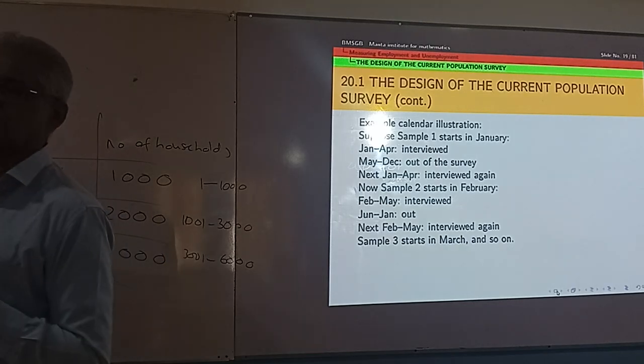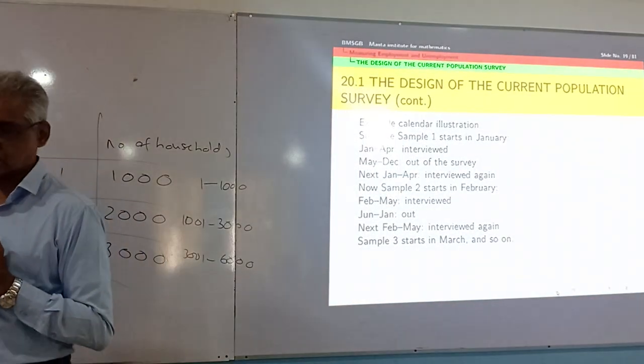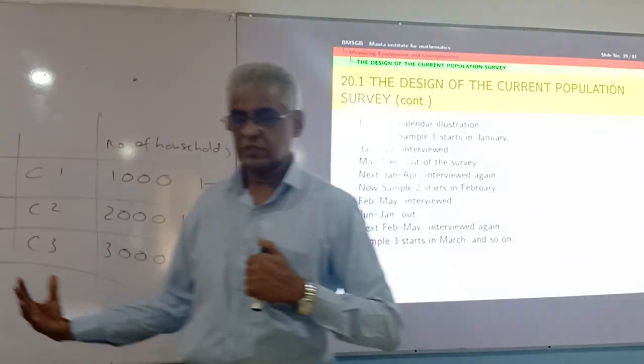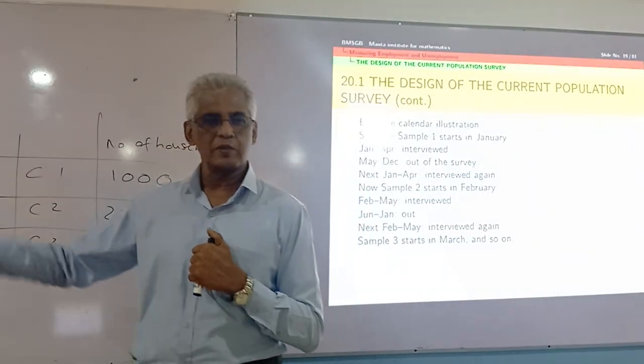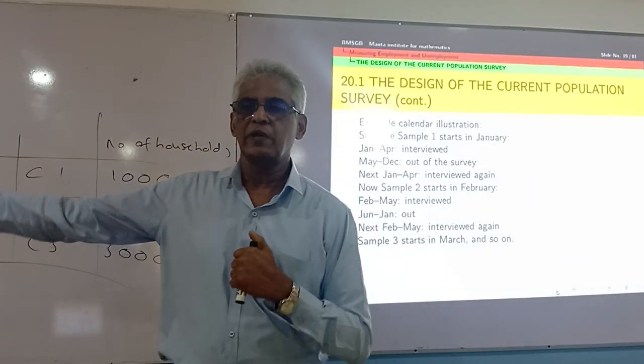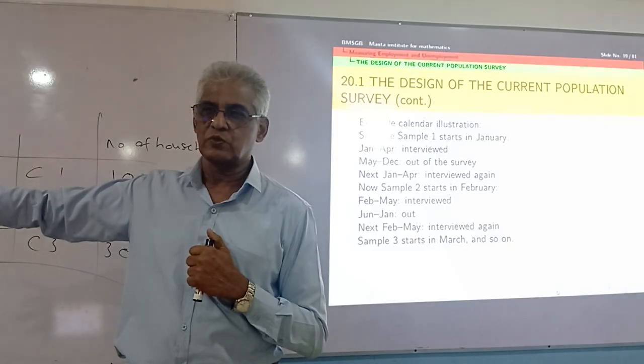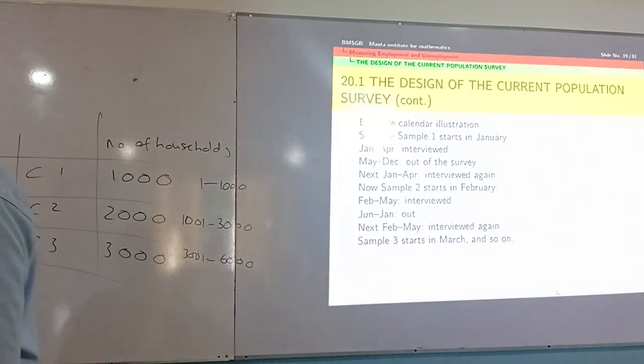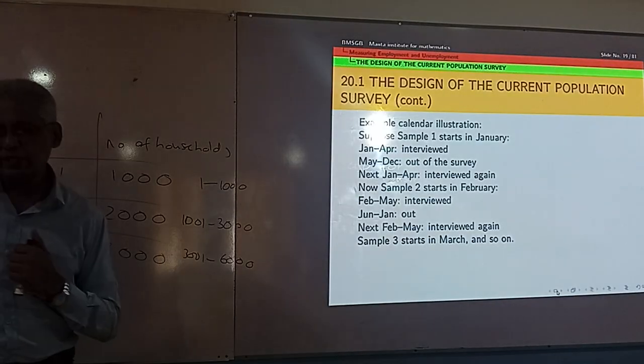So that's the houses in the first list. Then the houses in the second list will start in February. So February, March, April, May, those houses will be interviewed. Those are different houses, not the same houses as previously. So like that, it's going to be rotated.